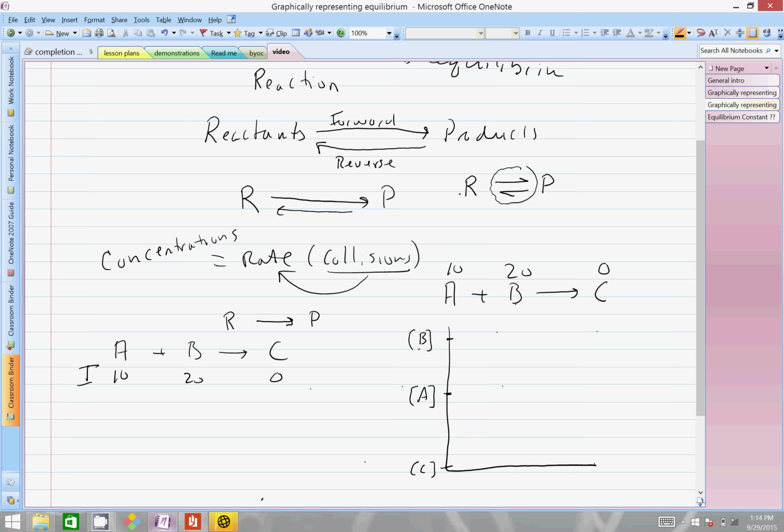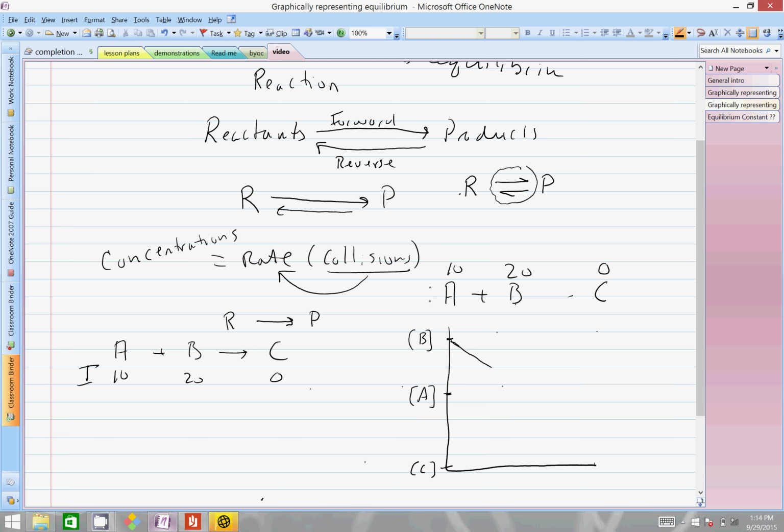Essentially what we're going to do is track concentrations. As I proceed to products, I have a very vigorous forward reaction because I have the most particles I'm going to have. As I start dwindling in A and B, these start to disappear at the fastest rate.